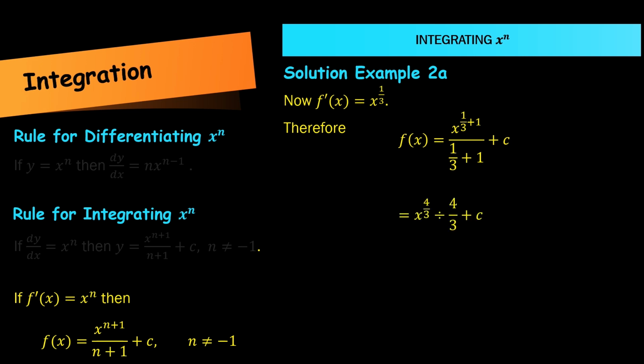And tidying up gives us x to the power 4 over 3 divided by 4 over 3 plus c. And when we're dividing by a fraction, we multiply and flip the fraction over. So we're now left with f(x) equals 3/4 x to the power 4 over 3 plus c.